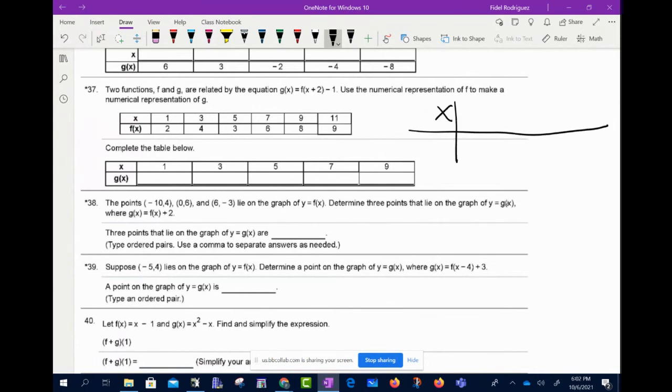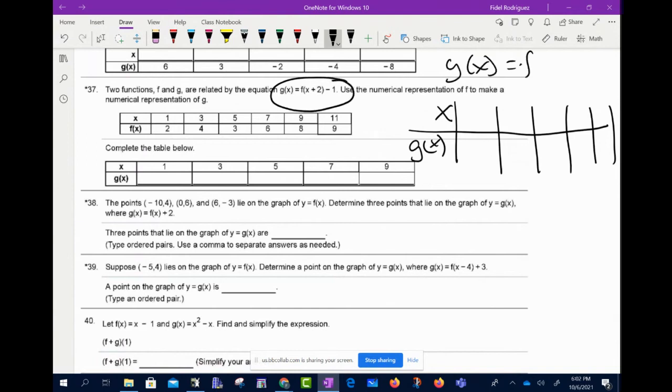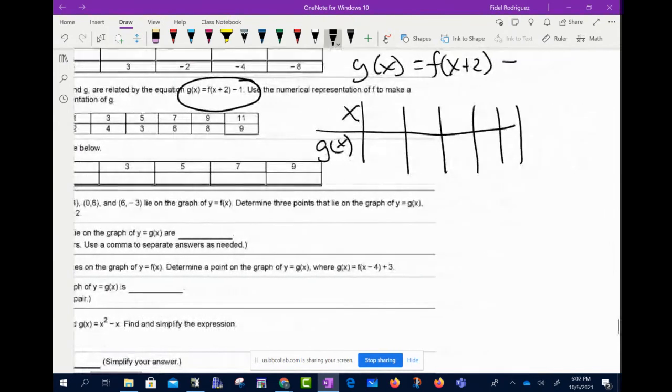And I know there's one already there for me, but I'm going to make my own. Okay, and so the first thing I want us to do is look at this piece right here. So it says g of x is equal to f of x plus 2 minus 1. And the first thing I want to point out is, what does that part mean?